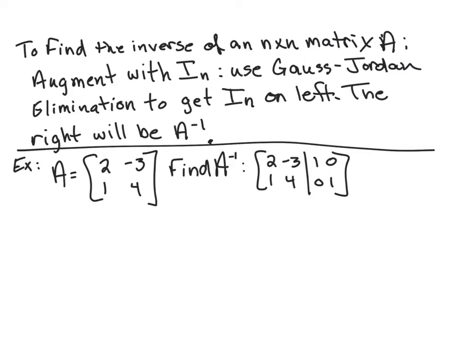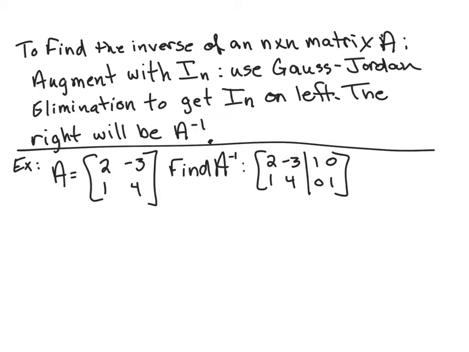It doesn't matter, which means that getting it in row echelon form, it doesn't matter if I do it to the top or the bottom, or the top right or the bottom left. So I'm going to choose the easiest thing and use that minus sign right there to get a 0 in this column. And if I have a 0 in column 2, I want it to be in row 1.